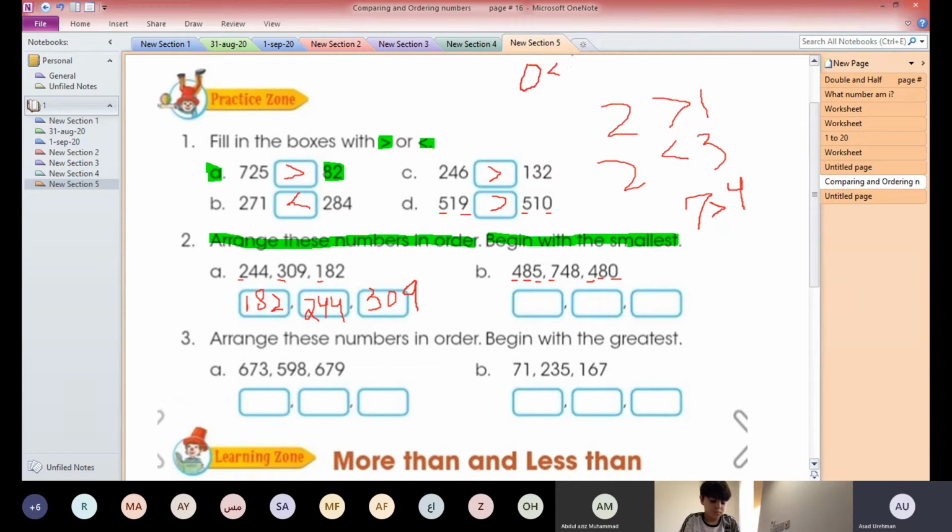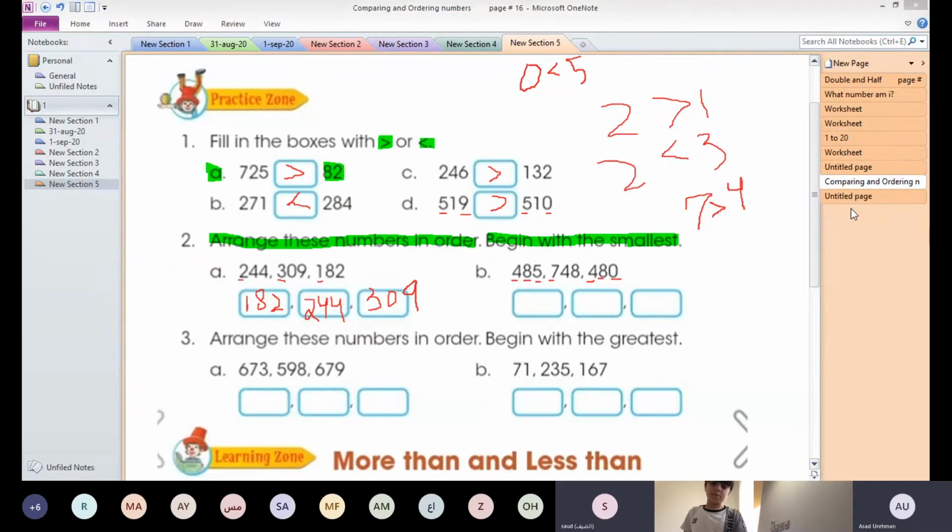Yes, 0 is less than 5. This is the greater one. Number C. What you are saying in the book, the question is different.